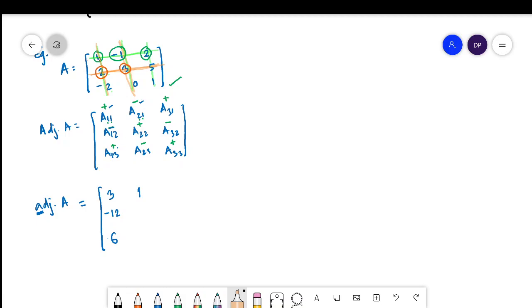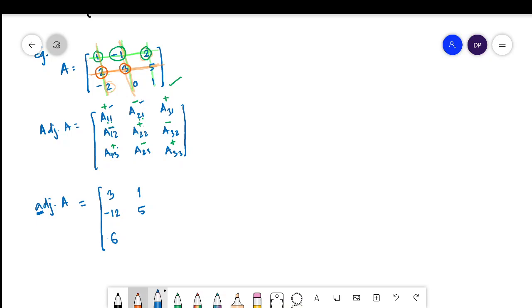So here 1 times 1 is 1. Then negative 2 times 2, that is negative 4, so it is plus 4. So our answer here should be 5. Positive 5. So the sign is also positive. So the answer is positive 5.